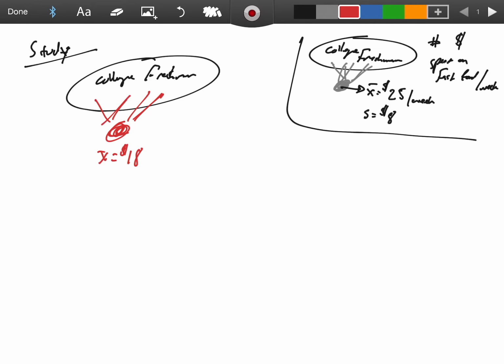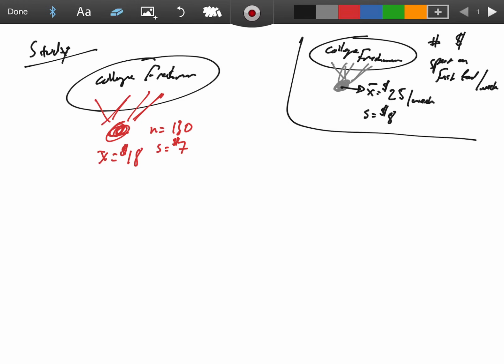And let's say that this year their sample size was 130 people, with a standard deviation of, let's say this time, $7.